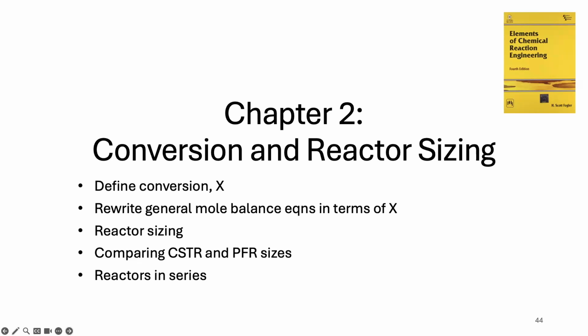We'll talk about how we can use conversion to aid in reactor sizing, figure out how big our reactor needs to be, comparing our 2 continuous flow reactors, CSTRs and PFRs, to see what things look like in terms of relative sizes to achieve, say, a similar conversion. And then we'll be looking at reactors in series and see what benefits that can have with respect to the overall design.